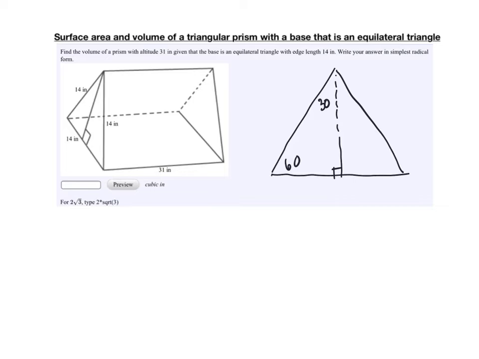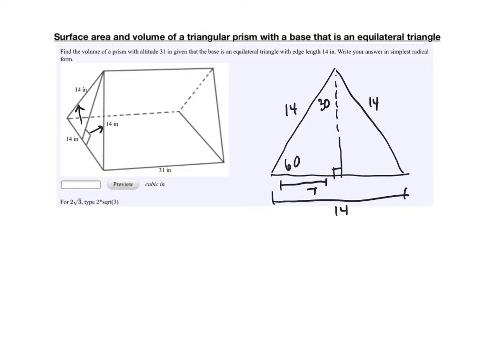And we see, look up here at the picture, that opposite that 90 is the 14. So 14 is the hypotenuse. And this distance is 14, making this distance 7.